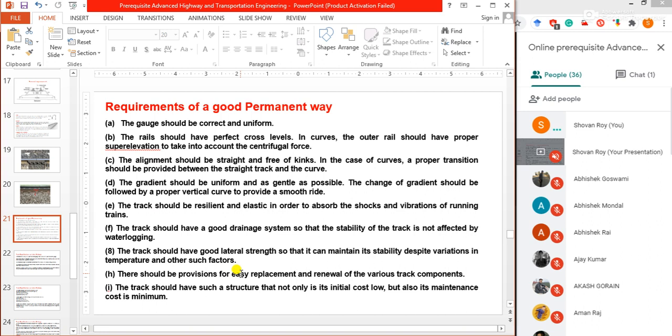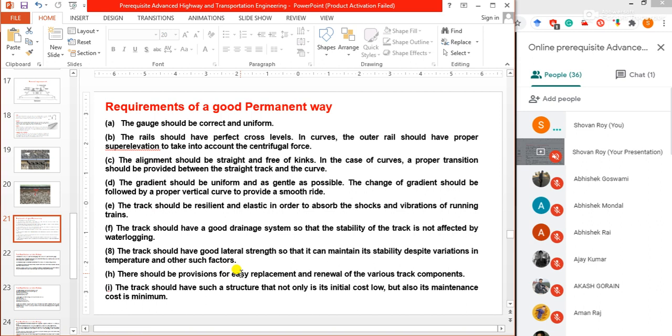In the case of curves, a proper transition should be provided between the straight track and the curve. The gradient should be uniform, as gentle as possible. The change of gradient should be followed by a proper vertical curve to provide a smooth ride.